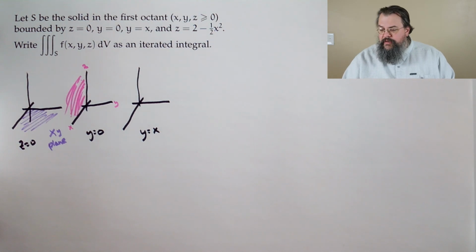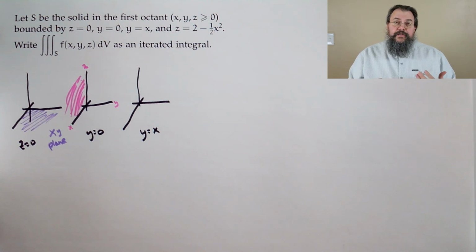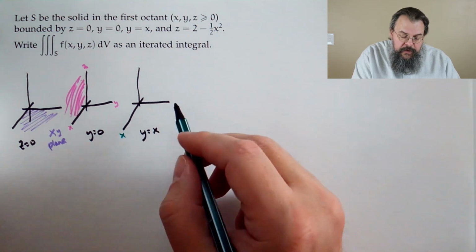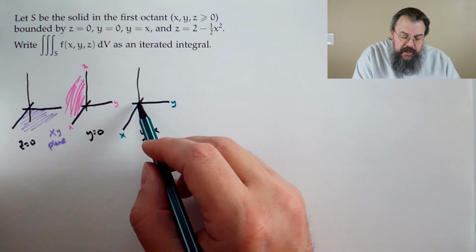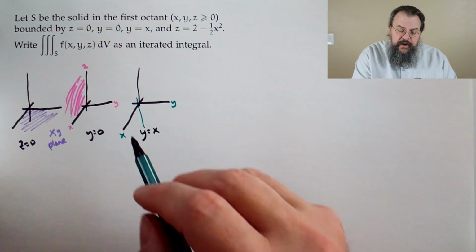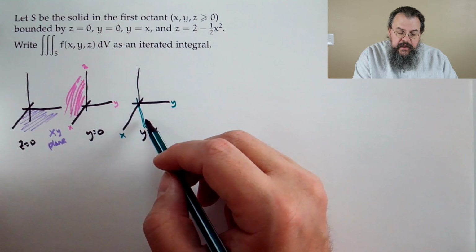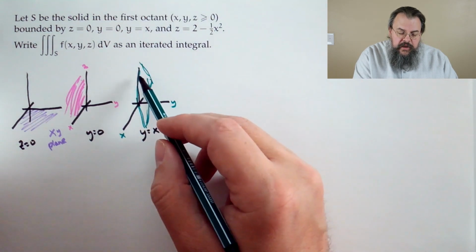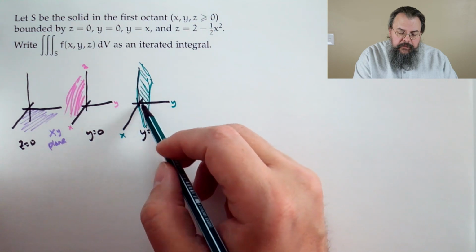So we say, well, what does it look like in three-dimensional space? We start here in the xy plane. It comes in as a line of some sort at 45 degrees. And then we can just imagine copying that line straight up and down. So it's a plane.